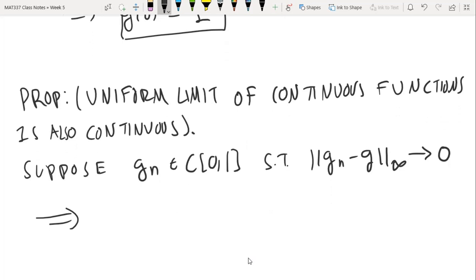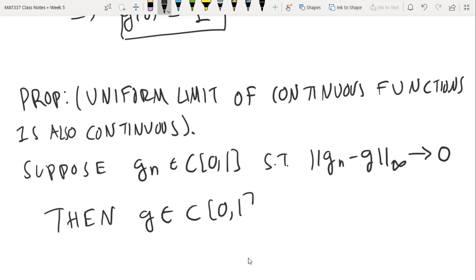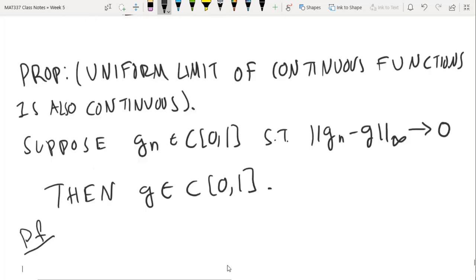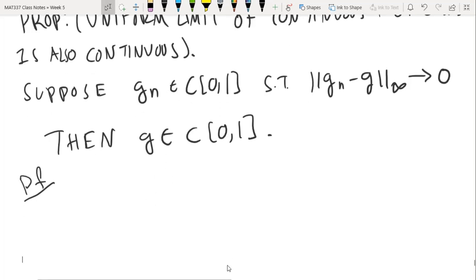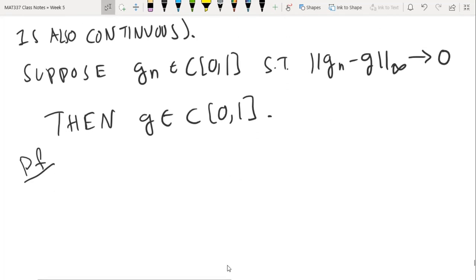Then g is also continuous. Okay. All right. So let's try to prove that. Next week we'll prove completeness, and this proposition is a fundamental piece.